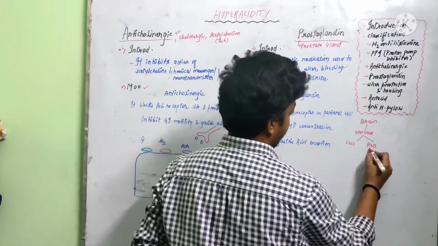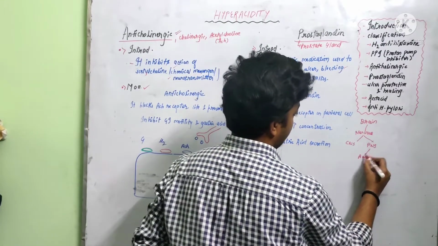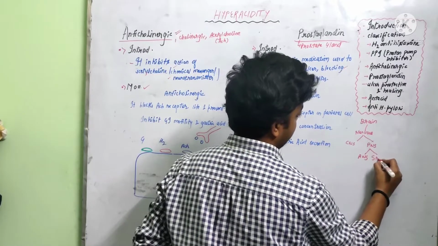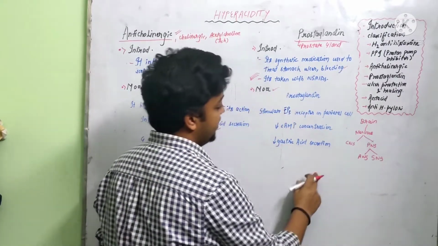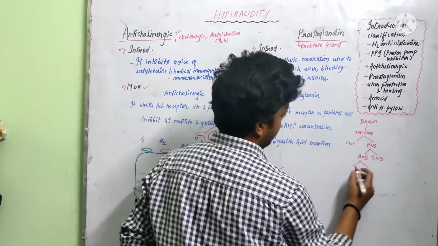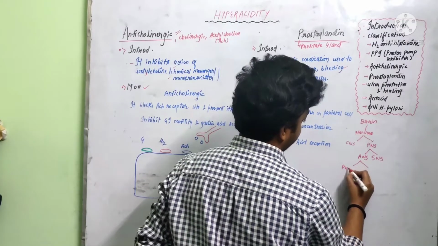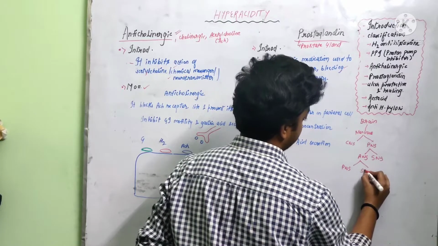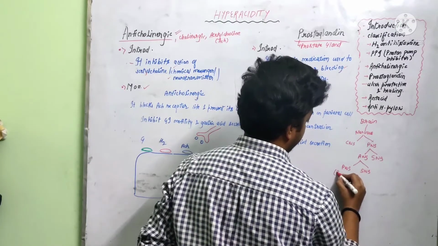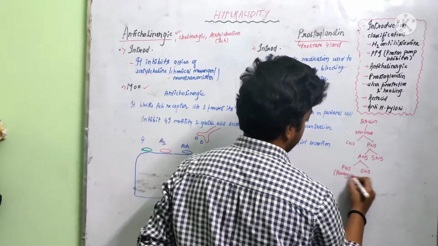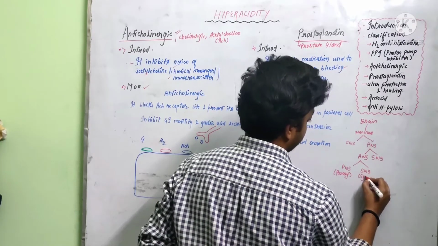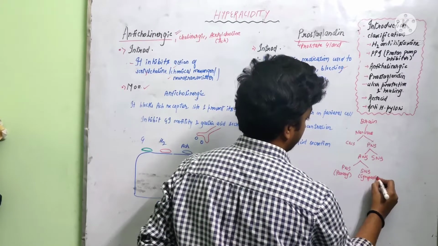In the peripheral, guys, we have two: the ANS, which is autonomic, and the somatic, right? In the ANS we have two classifications again. One is the PNS, and one is the SNS. So this is basically the parasympathetic, and this is the sympathetic, right guys?